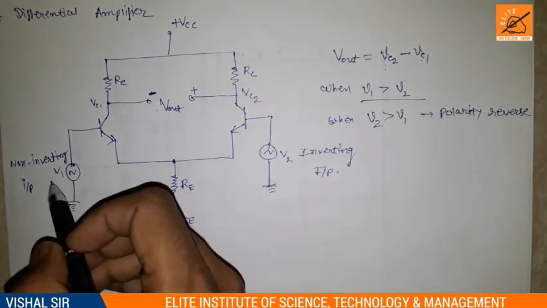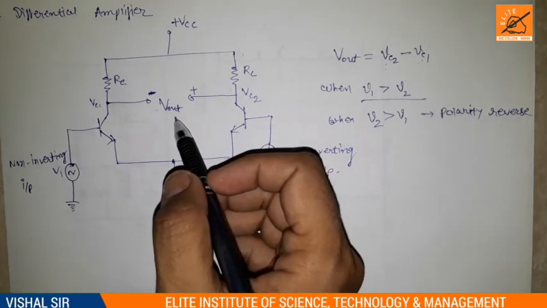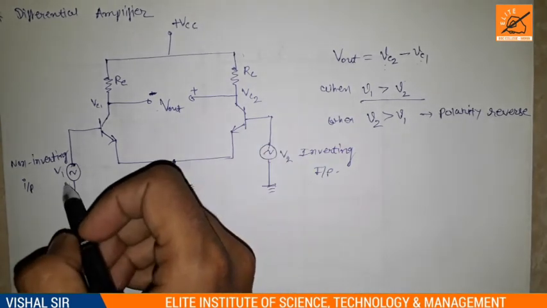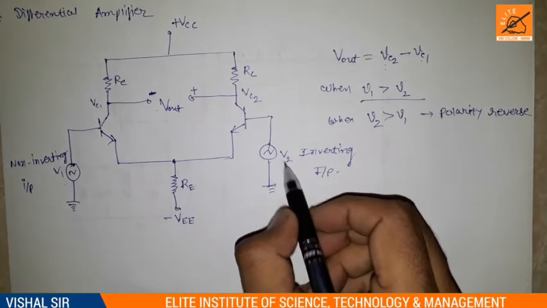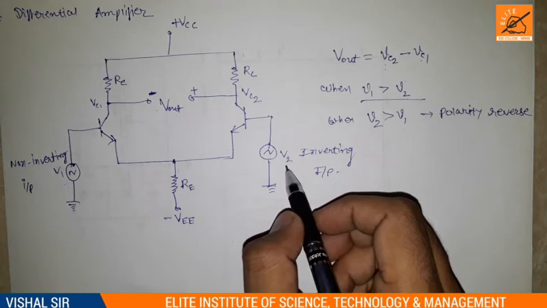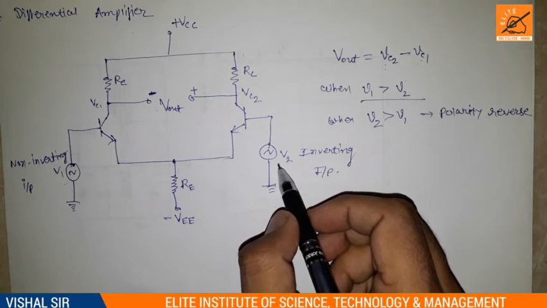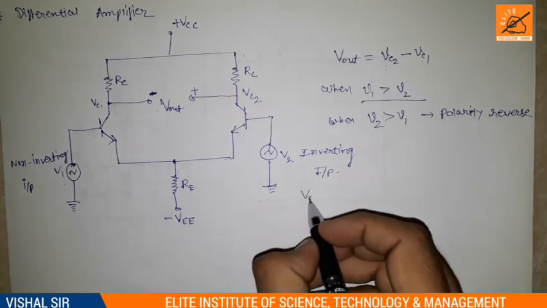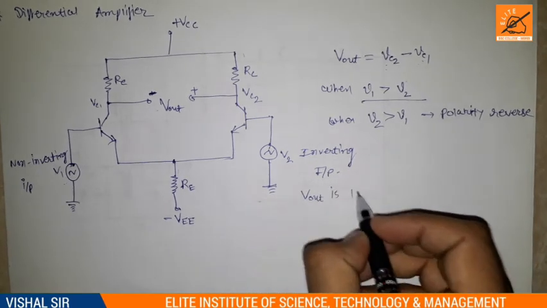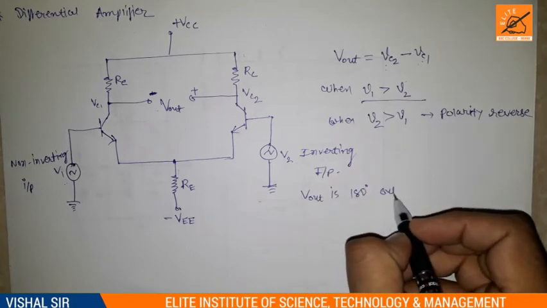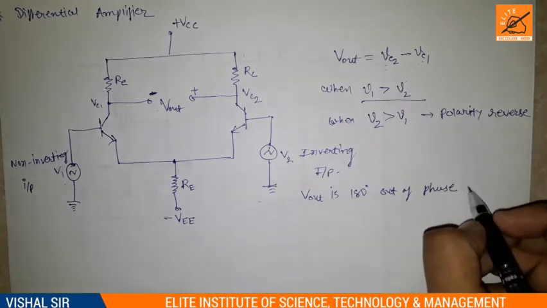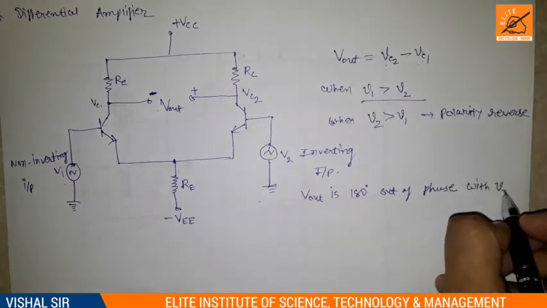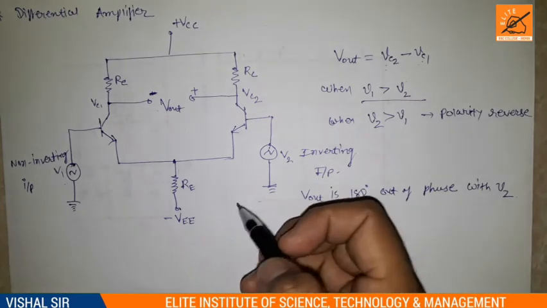Because V1 will be in phase with Vout, so it is known as non-inverting input. But in case of V2, it is called the inverting input because Vout is 180 degrees out of phase with V2. Okay, that's why it is known as inverting input.